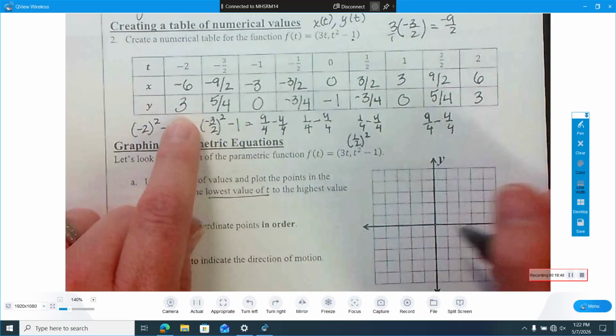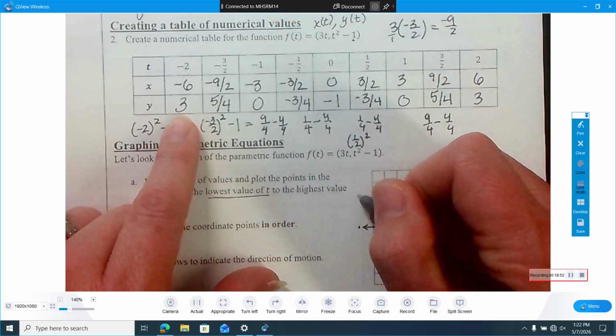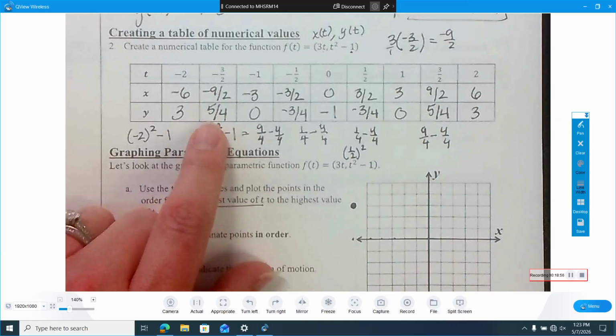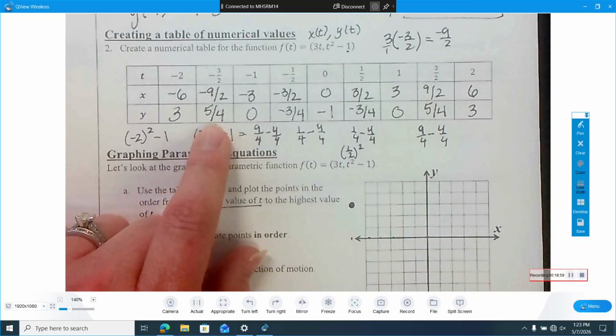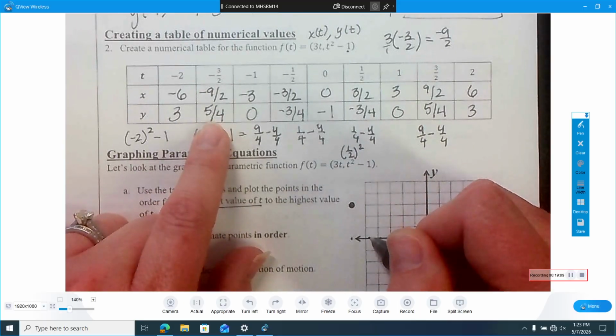So we're going to plot -6, 3, 1, 2, 3, 4, 5, 6 is out here, 3, so that's fine. Plot that a little bit off the graph, totally fine. Where's -9 halves? -4.5, yeah. 1, 2, 3, 4, -4.5.